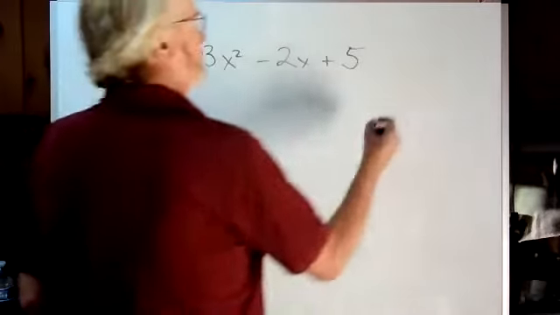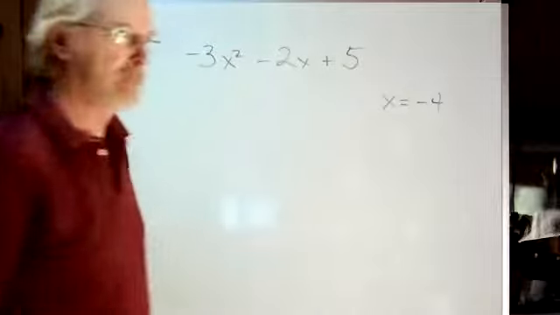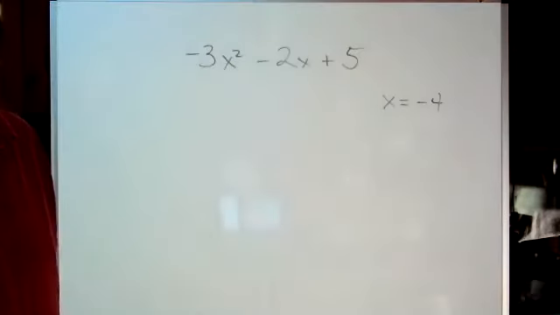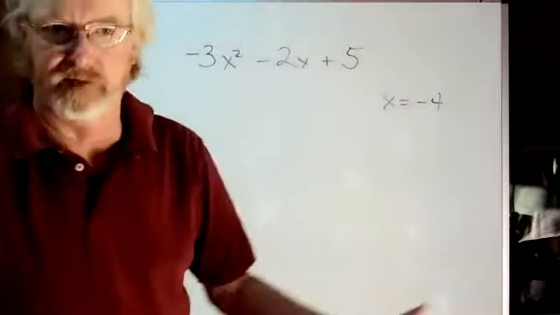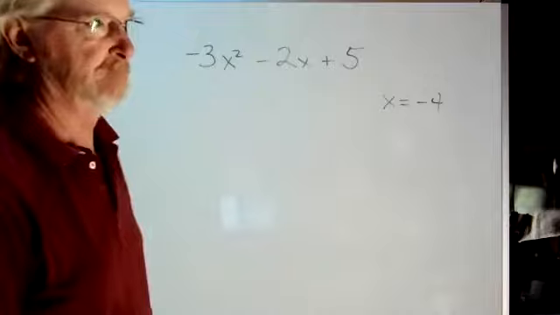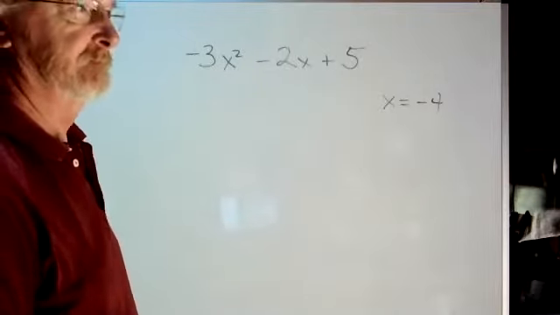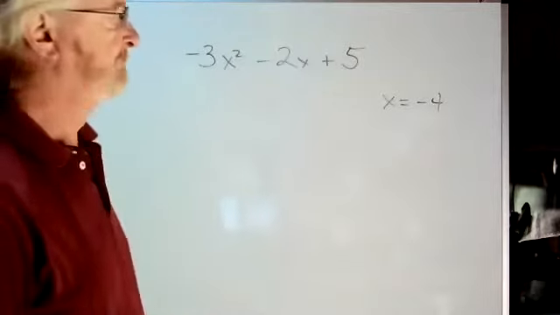I'm going to make up a number, say x is -4. What do you get if x is -4? I'm emphasizing a negative there because that's where you can get messed up if you don't deal with it correctly. Everywhere there's an x, I'm going to put in that -4.